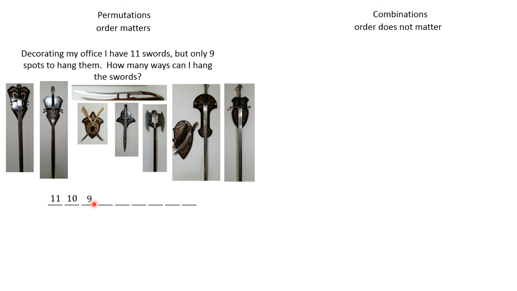Then 9, then 8 in the next, and 7, and 6, 5, 4, and I had 3 to choose from for the last spot. I can multiply these together to get 19,958,400 ways of hanging the swords. Obviously, some like you couldn't put this one right where this is, but still.